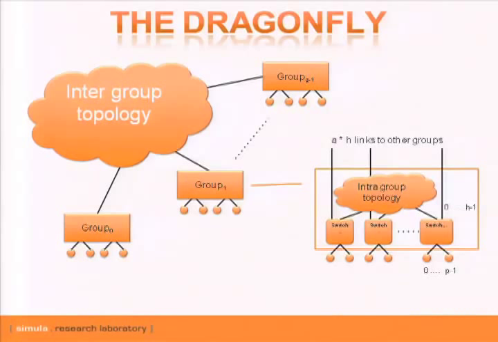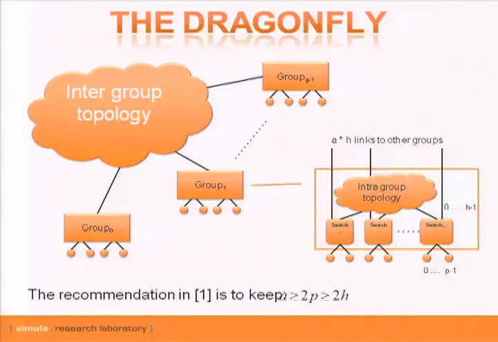In order to achieve this kind of oversubscription, it's recommended to stick to a balance criterion or ratio, that A should be twice the size of P as well as twice the size of H, according to the definition of the Dragonfly.